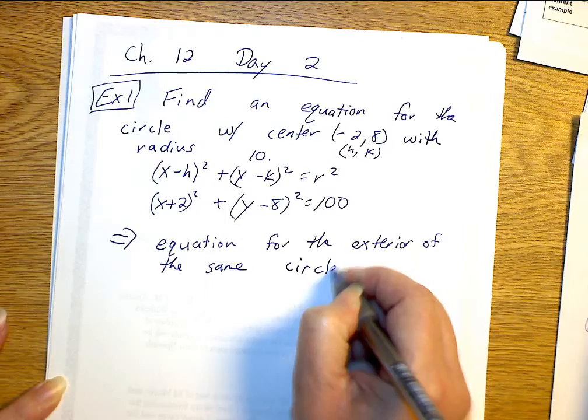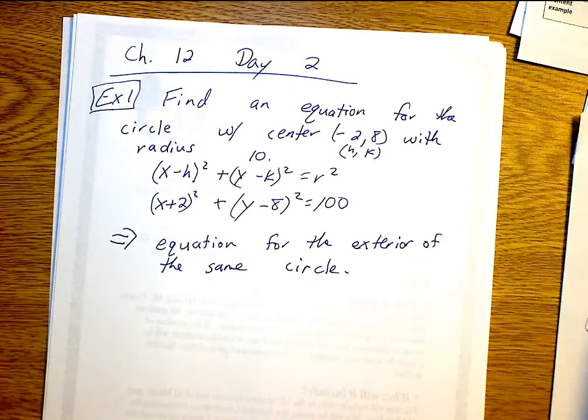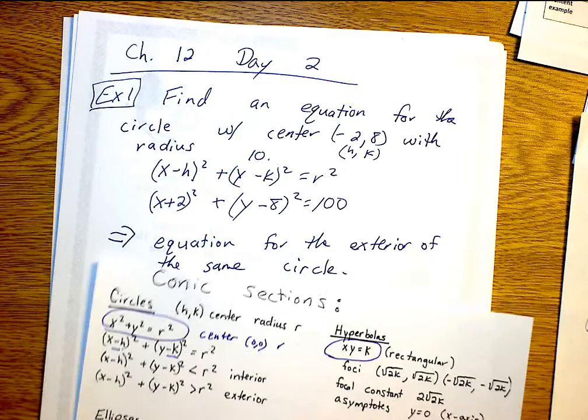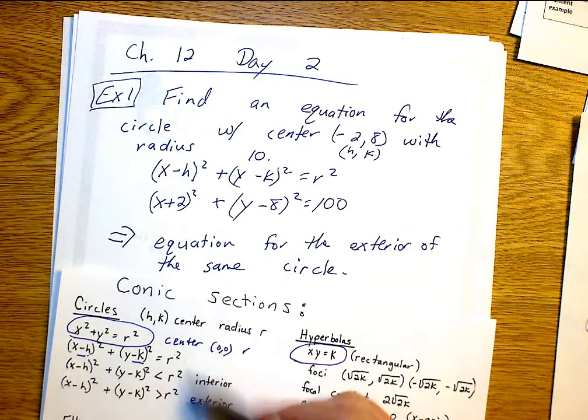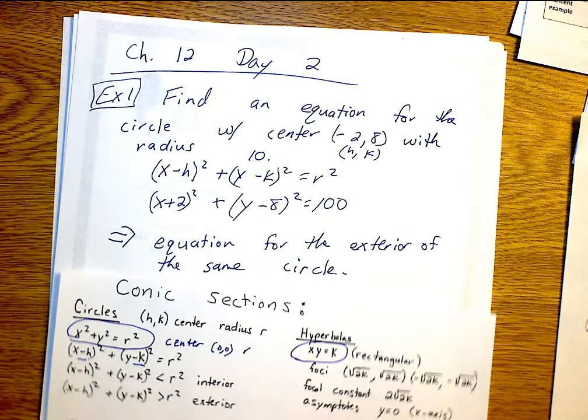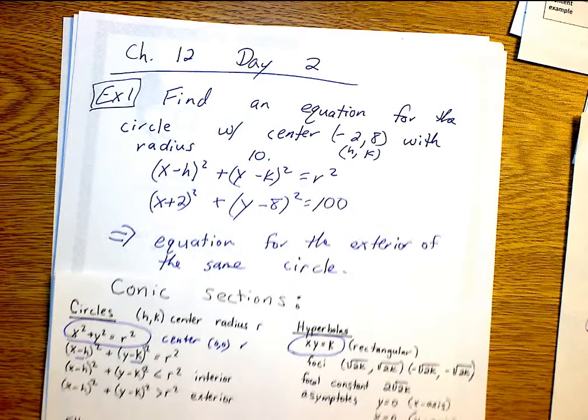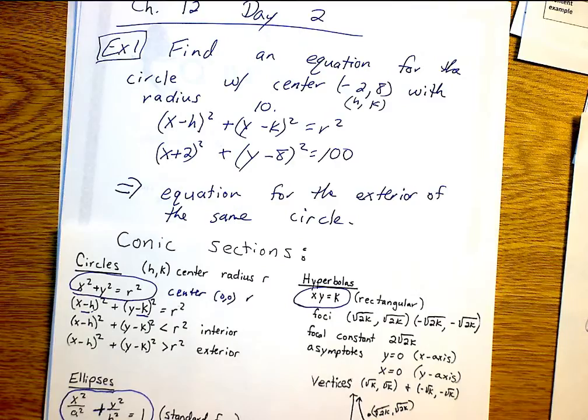I want the exterior of the same circle. Go back and look at your 4 formulas that we're using today, and think about what I am going to do with that equation. There's only one thing I have to do. Anybody know what that one thing is?